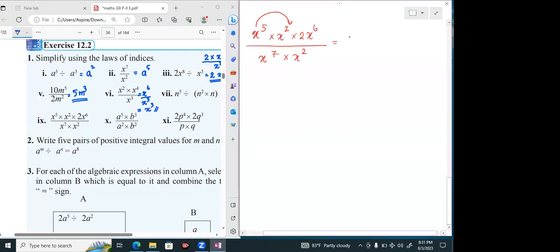It is 2 times x to the power of 13. Then x to the power of 7 and x to the power of 2 means x to the power of 9. Then 13 subtract 9 means 4. Answer is 2 times x to the power of 4.